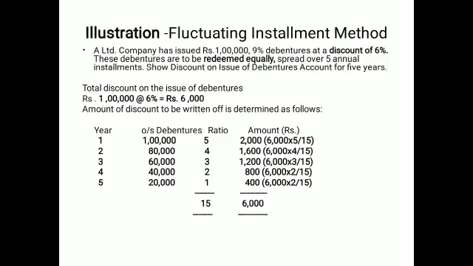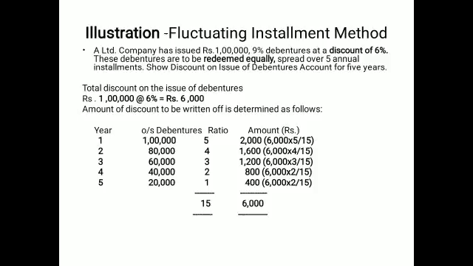Now you may see the value of discount written off. The last column is discount value written off. That is 6,000, and in this proportion you have to calculate the value written off year to year. In the first year 2,000, second year 1,600, then 1,200, then 800 and then 400.